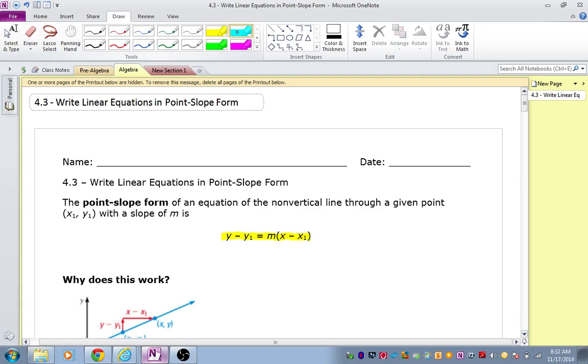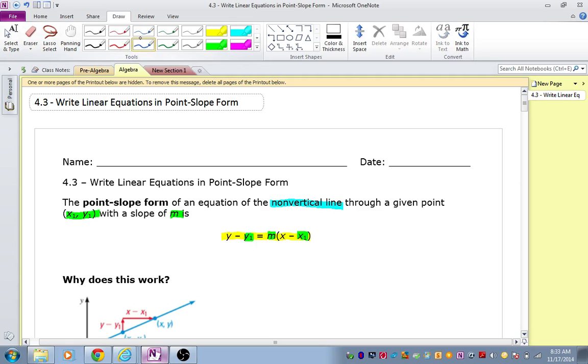So a couple of things here. First, it only works for non-vertical lines. Second, we're given a slope and an ordered pair. Now, these are put into that point-slope form. So this y1 and this x1 and this m are actually all going to be numbers.